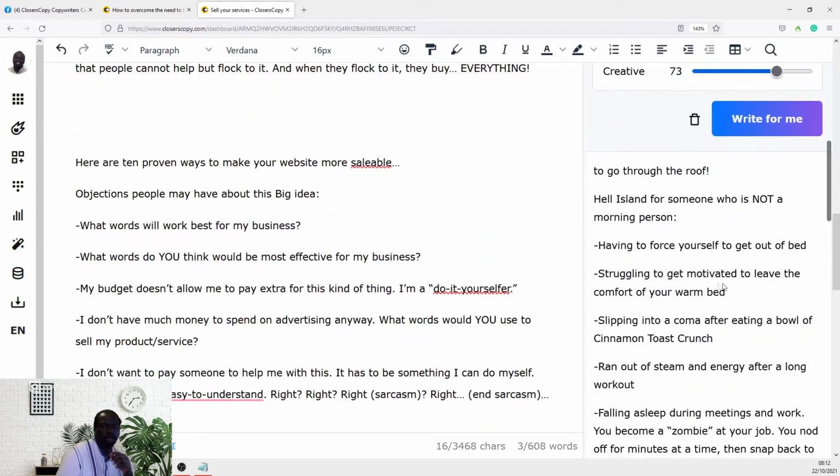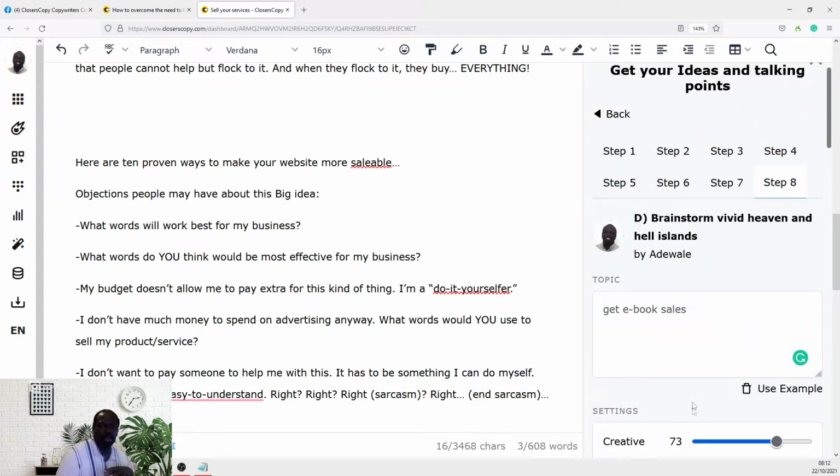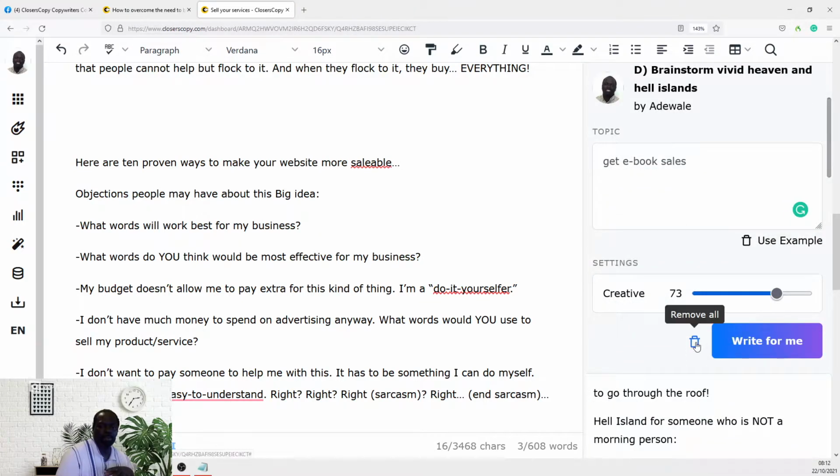So what we have: Hell Island, having to force yourself to get out of bed, struggling to motivate yourself to leave the comfort of your warm bed. Why is that doing that? Okay, no, that's not related. Let's make it more clear.